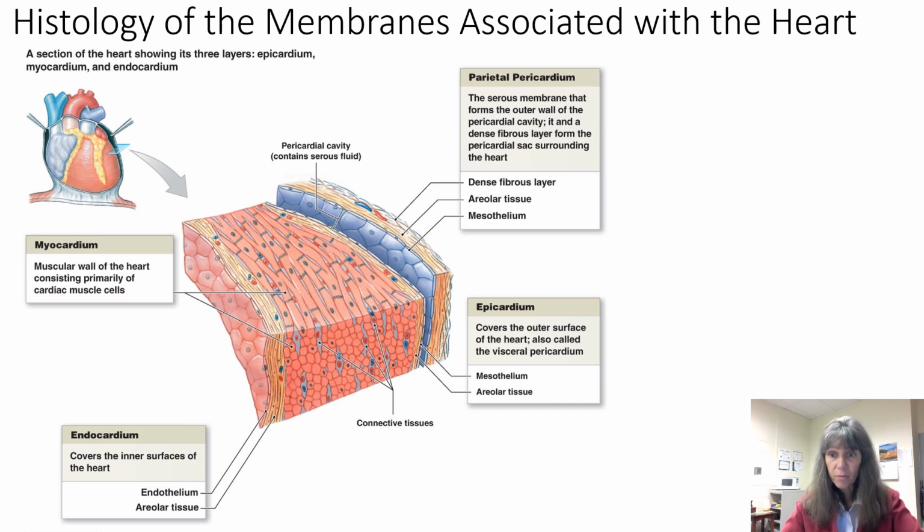Remember, the term endo means inside, and so the endocardium is that membrane that covers the inner portion of the heart chambers. The endocardium is made up of areolar connective tissue, which forms a base for the endothelium, which is made up of simple squamous epithelium. So again, the endocardium is made up of areolar connective tissue and endothelium.